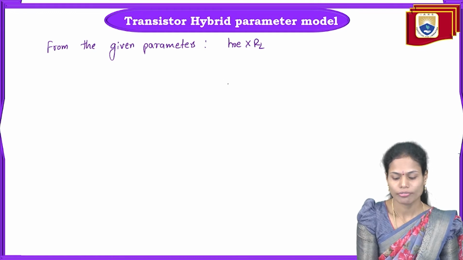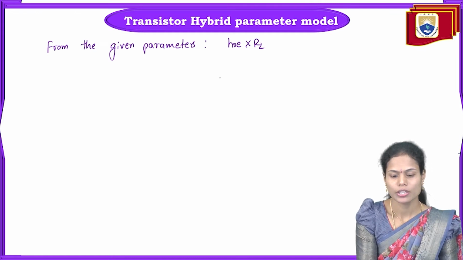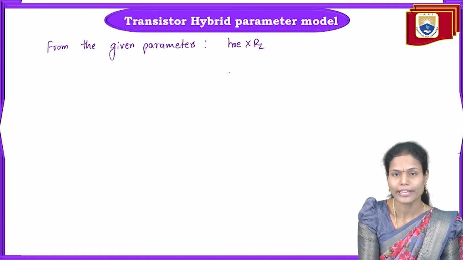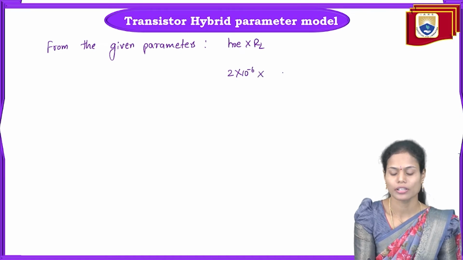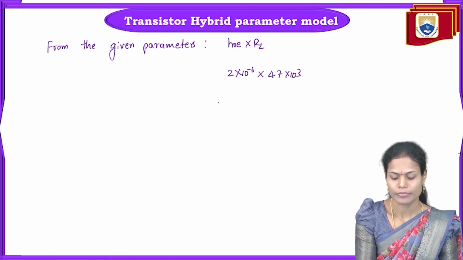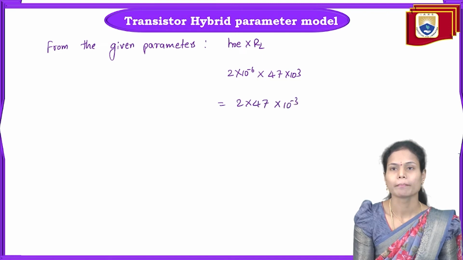The value of HOE is given in the problem as 2 microamperes per volt. That is nothing but 2 into 10 power minus 6 into the load resistance value, 47 kilo ohms, so 47 into 10 power 3.